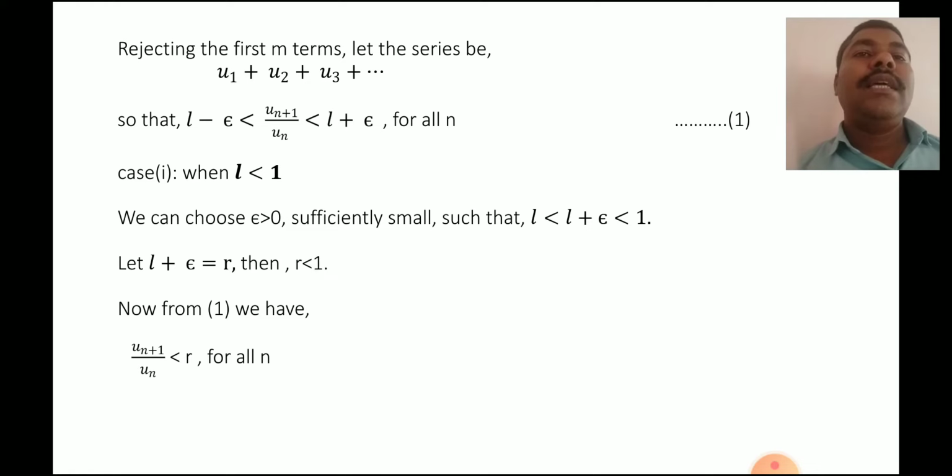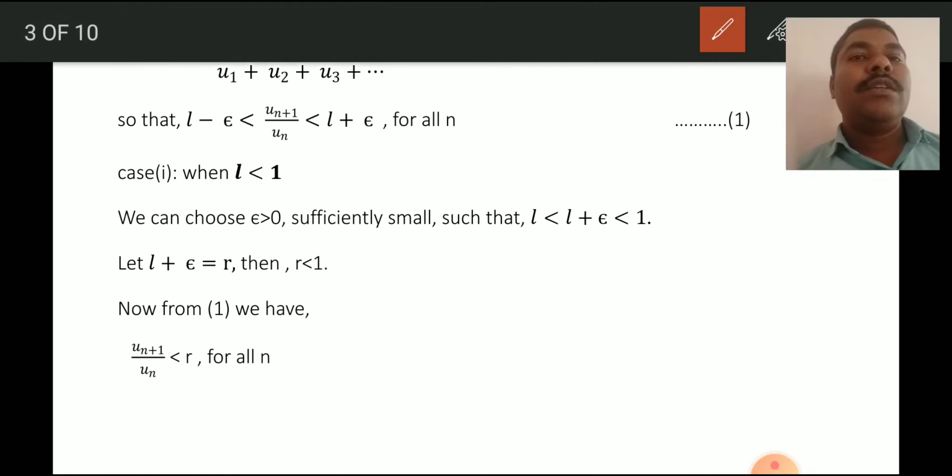Next, rejecting the m terms, let the series become u1 plus u2 plus u3 plus dot dot dot. So that L minus epsilon less than un plus 1 by un less than L plus epsilon for all n. Call this equation number 1. Case 1.